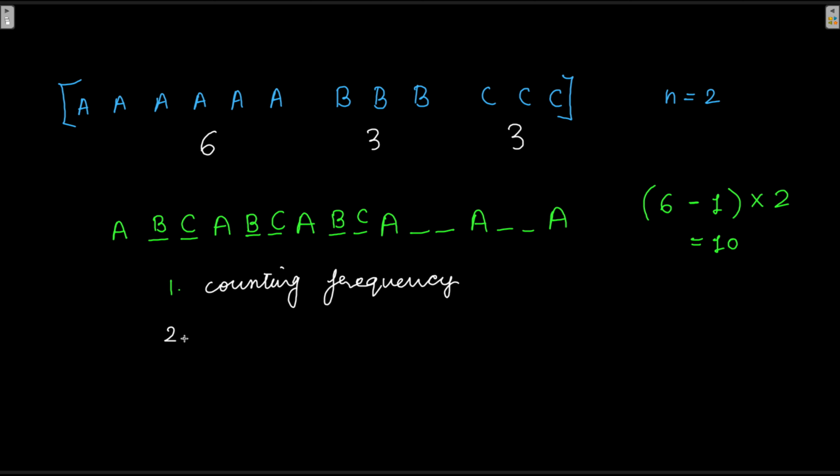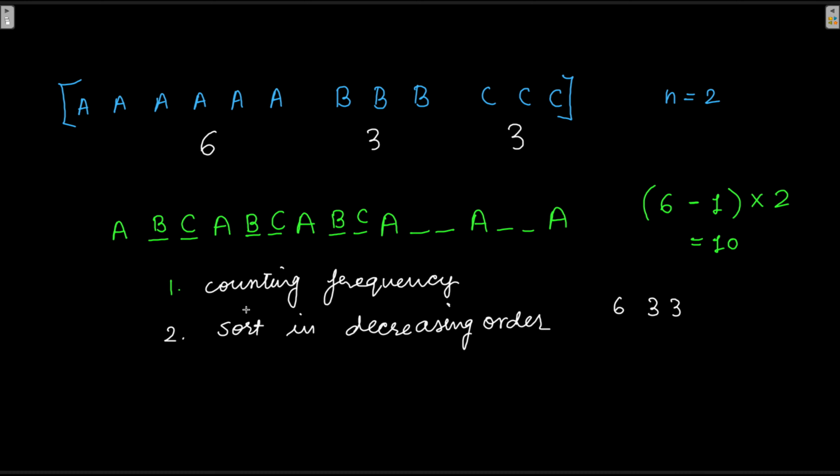Then the second step is going to be sorting it in decreasing order. So this becomes 6 3 3.